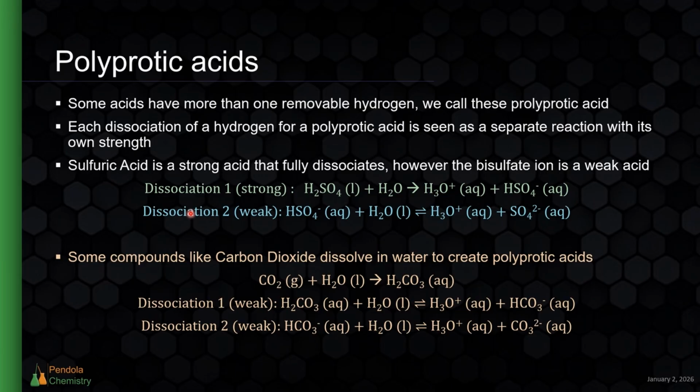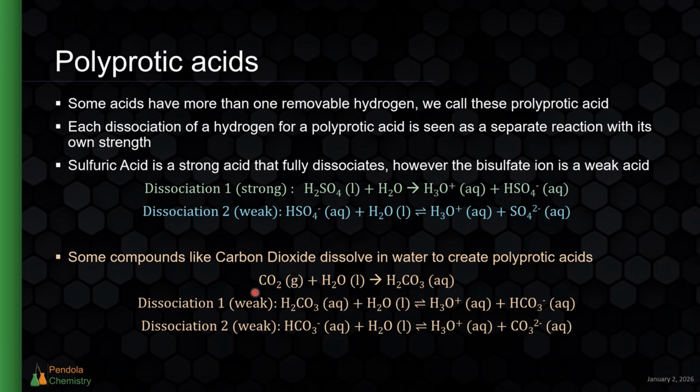Most polyprotic acids though have 2 or 3 weak dissociations. Some compounds can even create acids when they react with water. Carbon dioxide, for example, reacts with water to create carbonic acid. Even though carbon dioxide itself is not an acid, when it reacts with water, it does create an acid, which is carbonic acid, H2CO3.